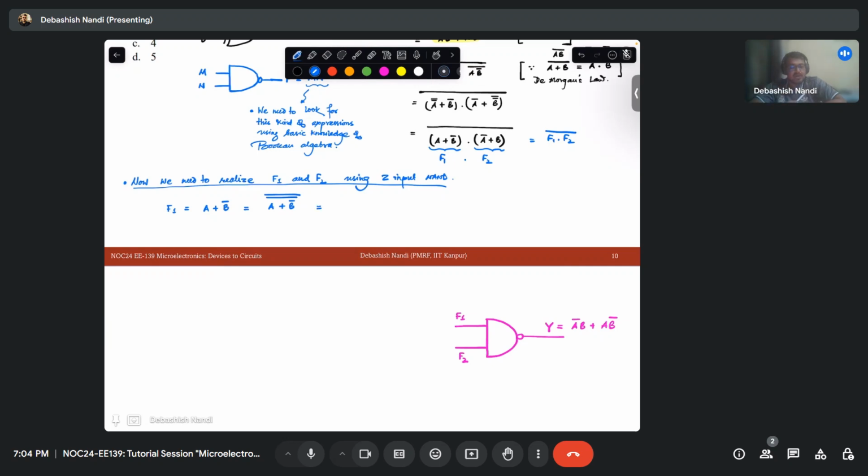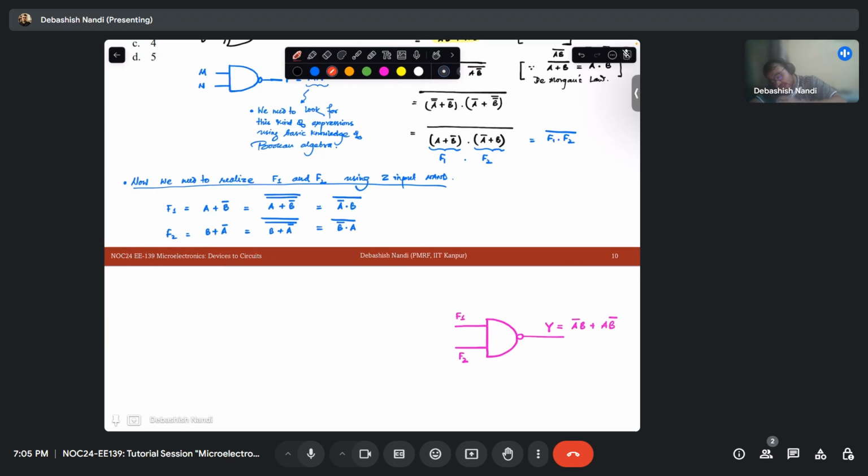So by using De Morgan's law, this will be (A bar times B) bar, right? Similarly, F2 I can write as B plus A bar, bar bar, which is (B bar times A) bar. Fine.